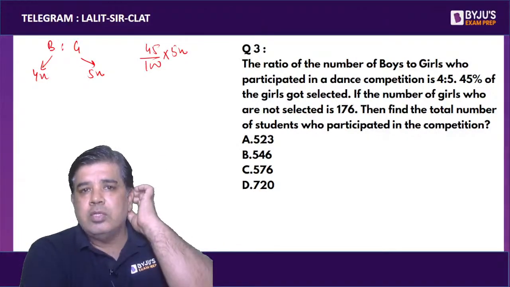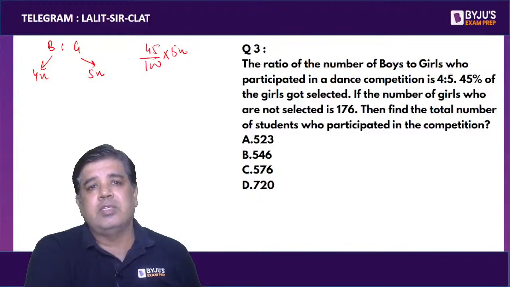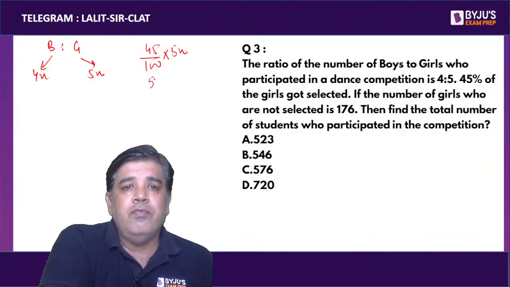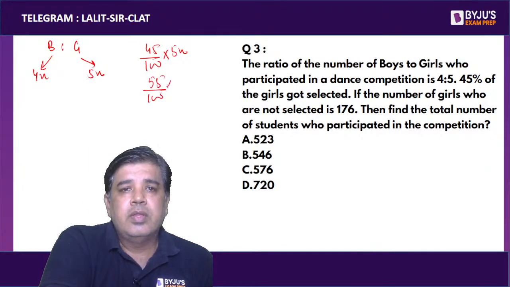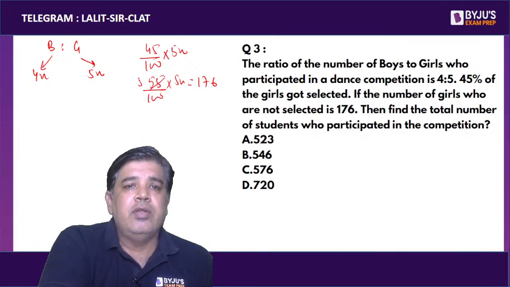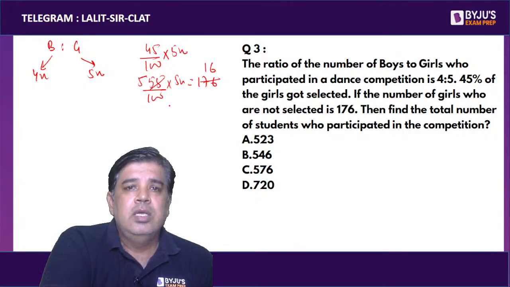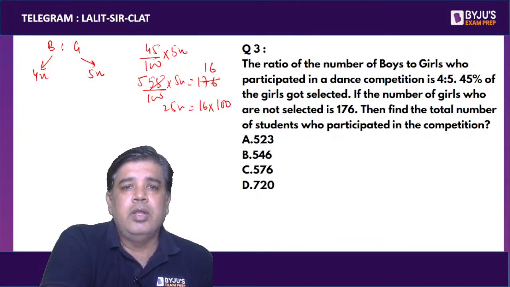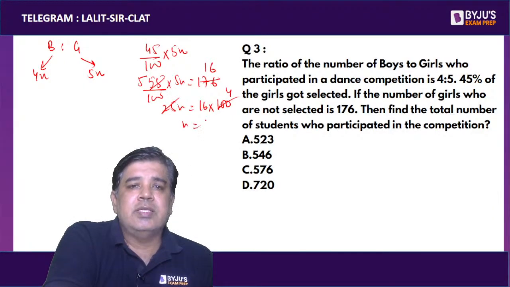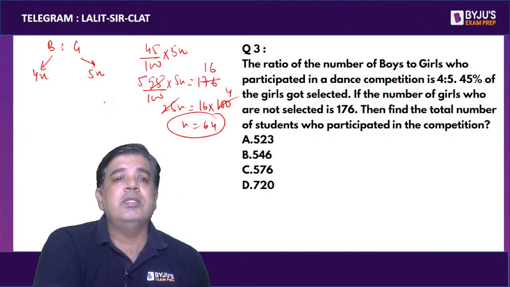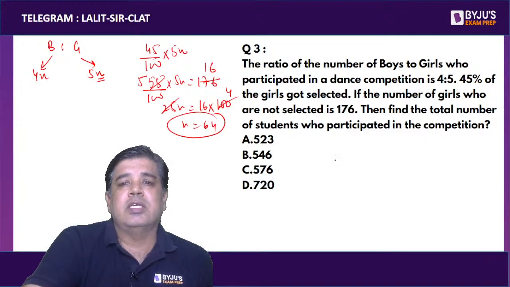The number of girls who are not selected is 176, means 55% of 5x is 176. 11 into 5, 11 into 1, 11 into 16. So 25x equals 16 into 100. So x is 64.